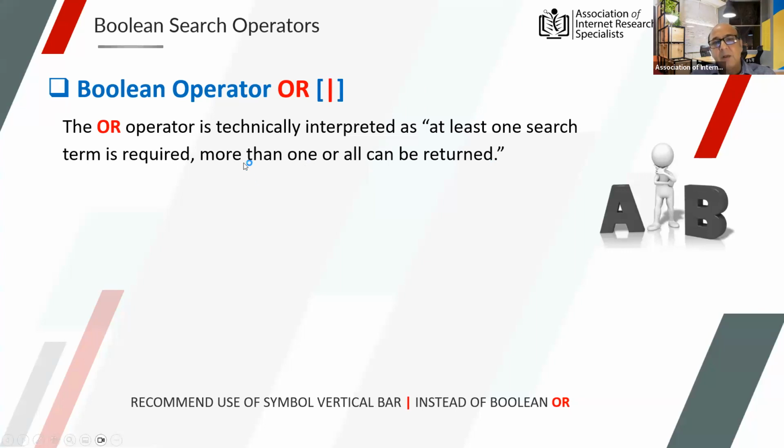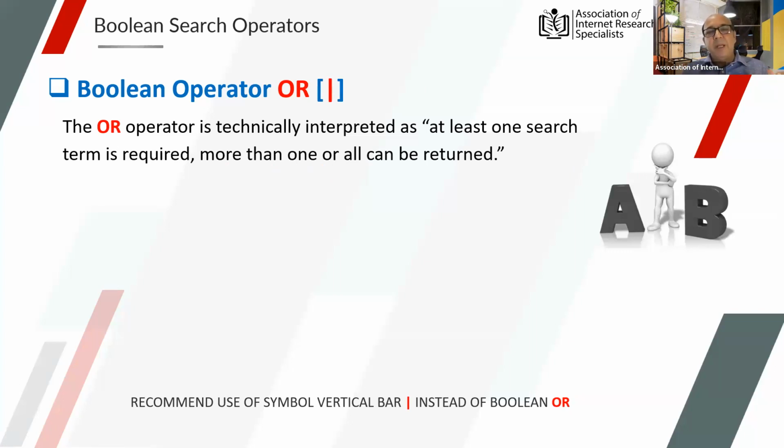Next, more than one means find both of them, or all can be returned. More than one, in the sense that if OR was used more than twice, it is a longer choice.